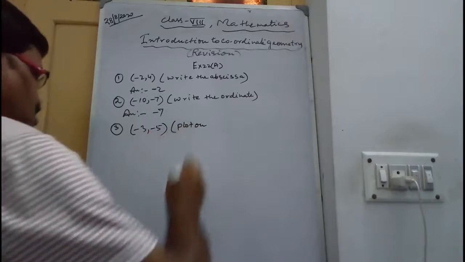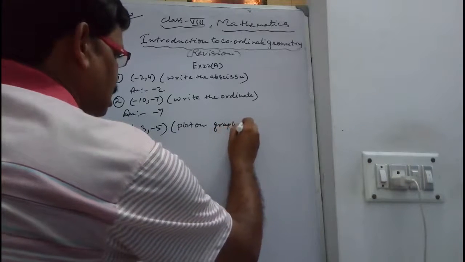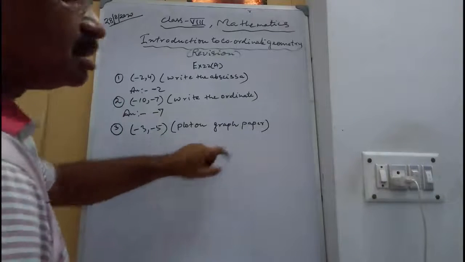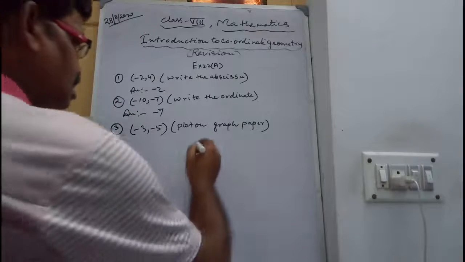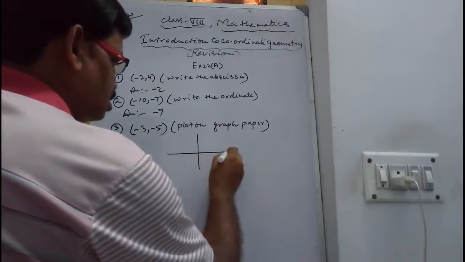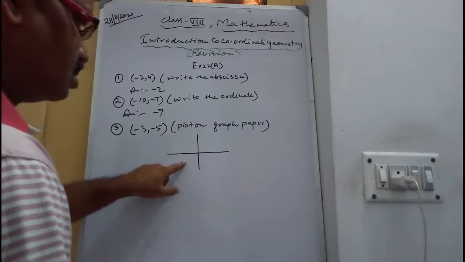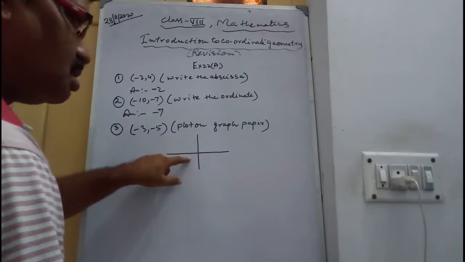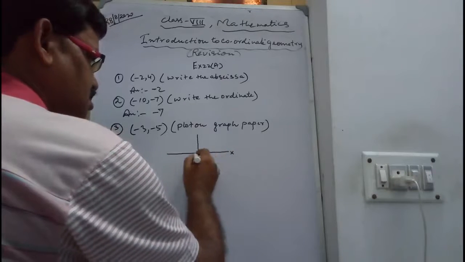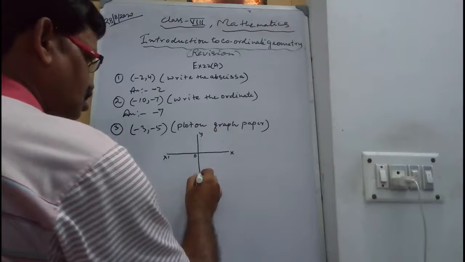Plot on graph paper. So this point is given. Plot on graph paper. As there is no graph paper, I show on the board. First, on graph paper, mention two axes, both perpendicular to each other: X, O, X dash, Y, O, Y dash.